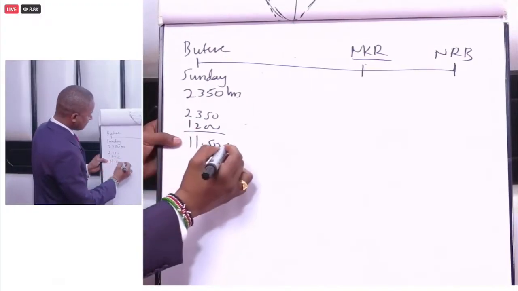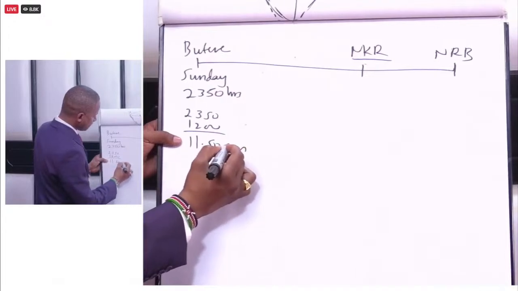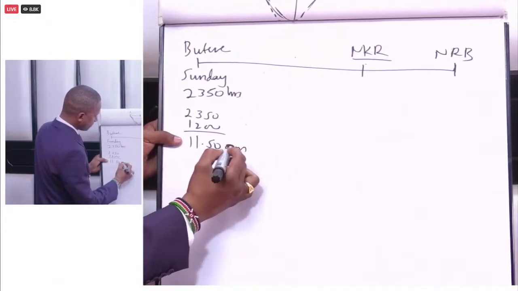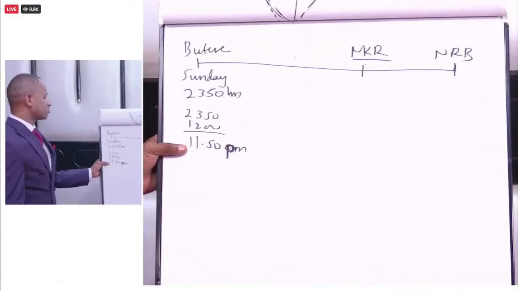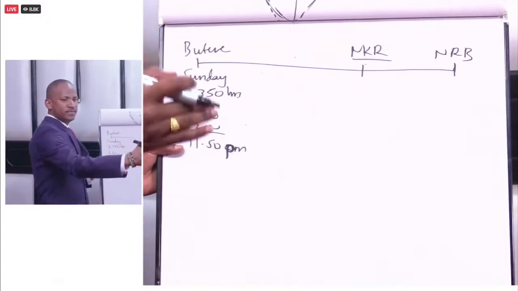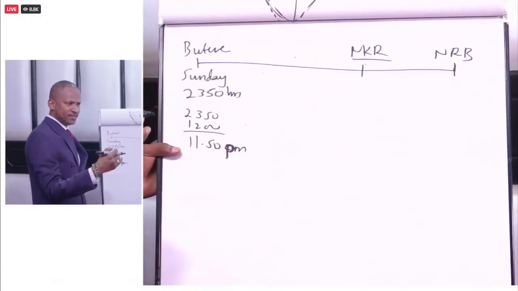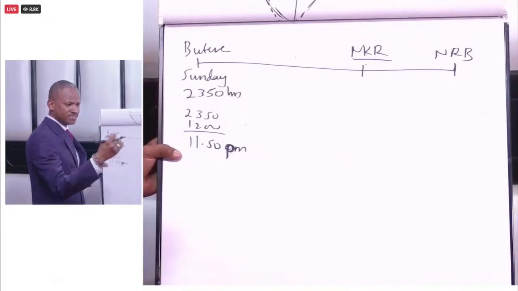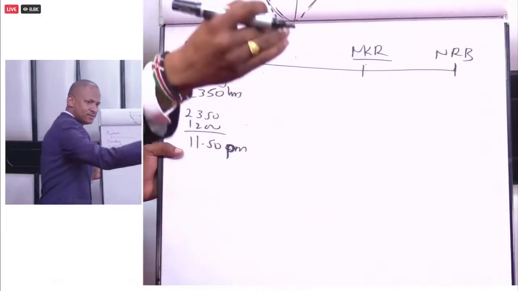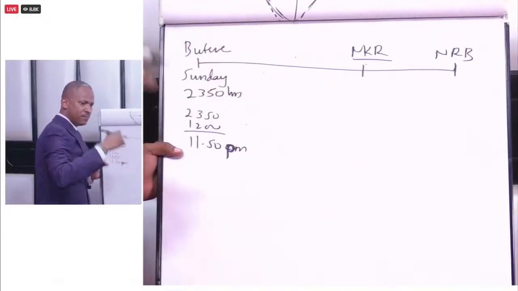You get 11:50 p.m. Now, this person left at night, 10 minutes to midnight. So he left on a Sunday, 11:50 p.m., which is only 10 minutes to Monday. 12:01 will be a Monday.